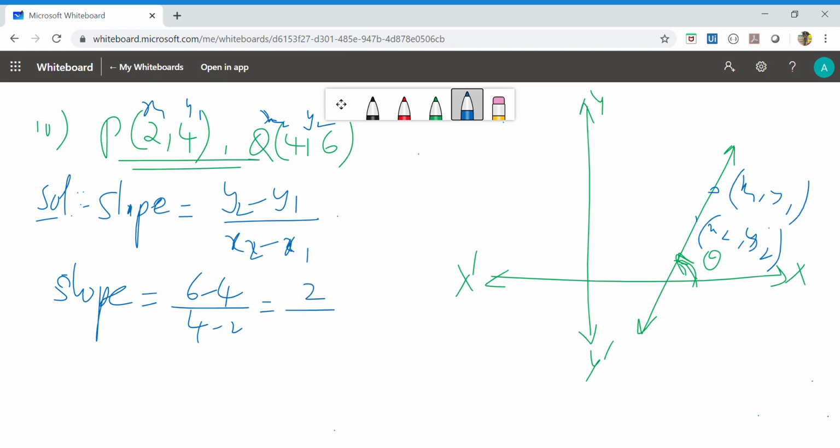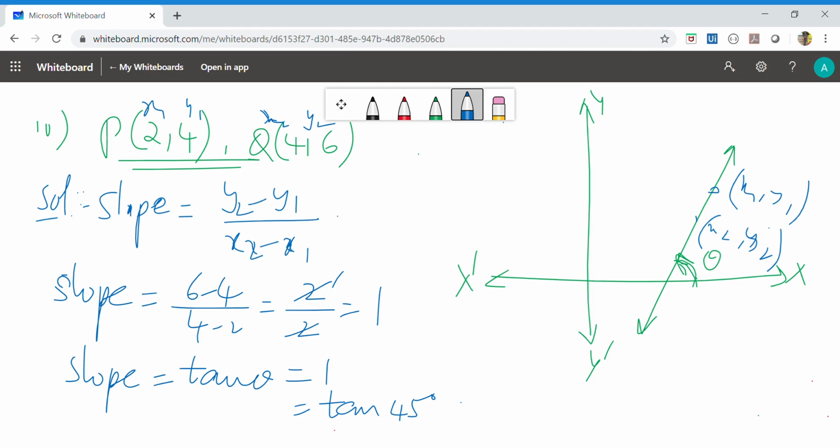So 2 by 2 is nothing but 1. The slope is 1. Slope is also represented as tan theta. So tan theta is equal to 1. But 1 you get in tan 45 degrees. Therefore what is theta value? Theta value is 45 degrees. Okay. Like that you can find out this.